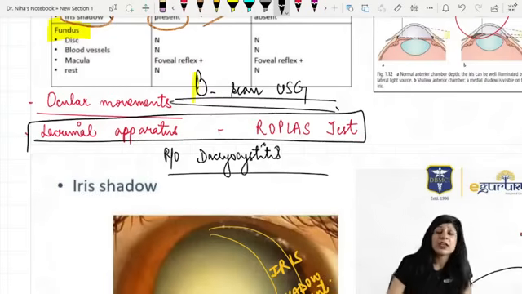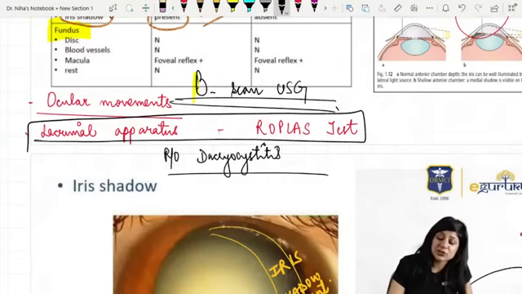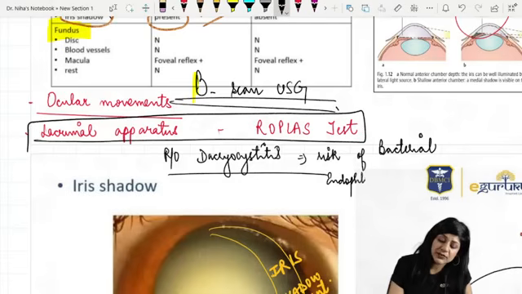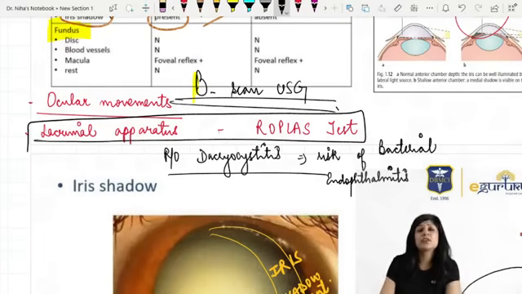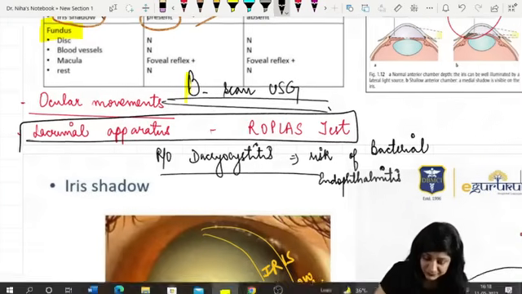If I am having infection, okay, the active case of infection will never be taken for the cataract surgery, because there is always a risk of the bacterial endophthalmitis, and that is the most serious complication of the cataract surgery. So whenever we have the dacryocystitis, we have a risk of the bacterial endophthalmitis, and therefore the active source of infection should not be taken for the cataract surgery.